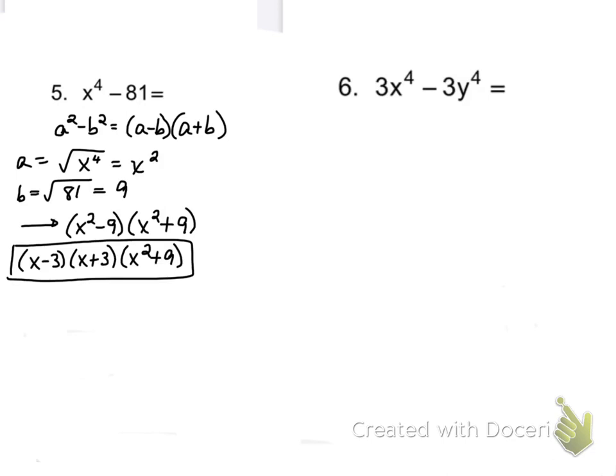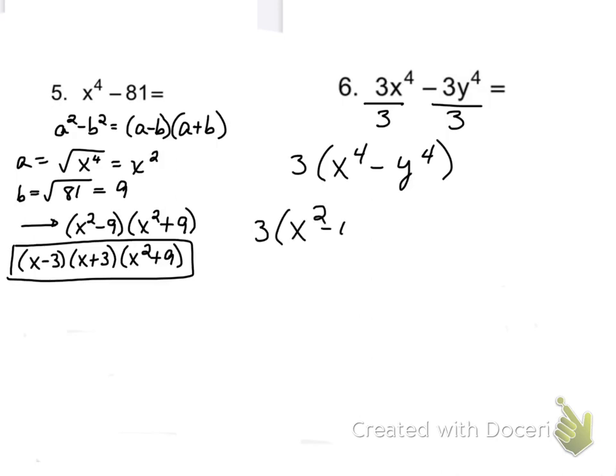Now for 6, we have a greatest common factor of 3. So I'm going to factor out a 3. Okay? Which means you have 3 times x to the 4th minus y to the 4th when you divide it. Now, remember, the square root of those are going to be x squared and y squared. So that's a difference of squares that will factor as x squared minus y squared times x squared plus y squared.